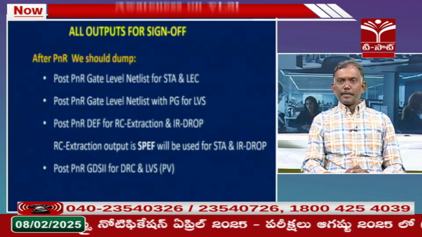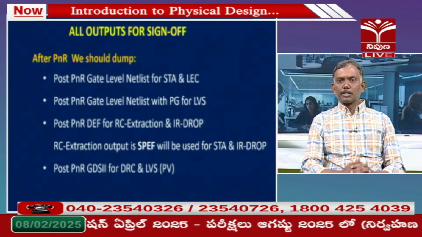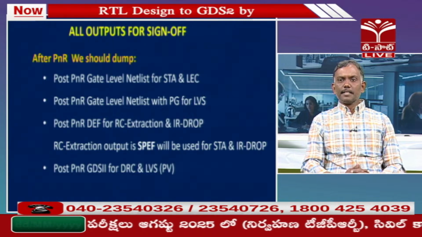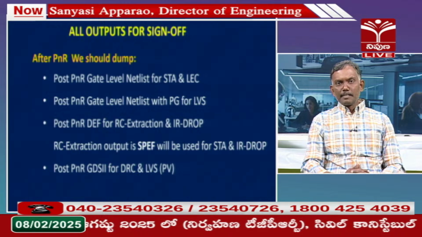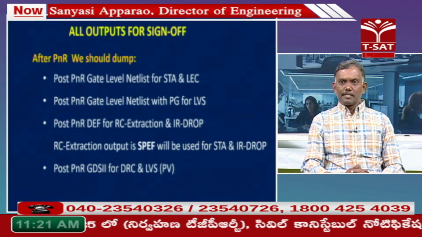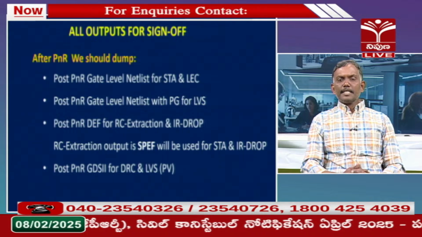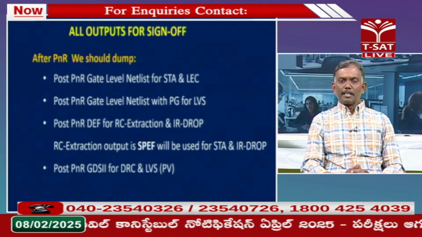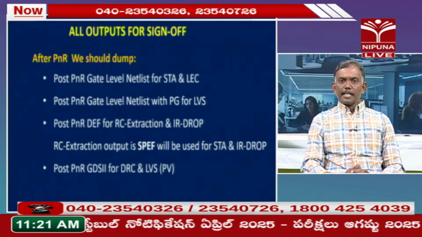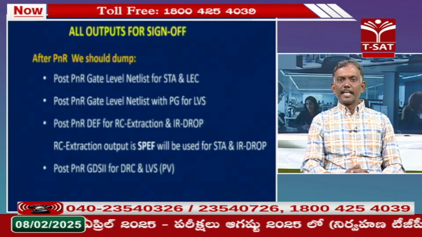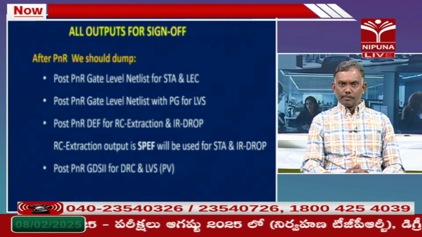Post PNR, generally, because place and route is completed: post PNR gate level netlist, post PNR gate level netlist with the power and ground pins, and post PNR DEF. Generally the DEF contains physical information of your design, routing layer information, placement of the standard cells. All this information you can capture in the DEF file.